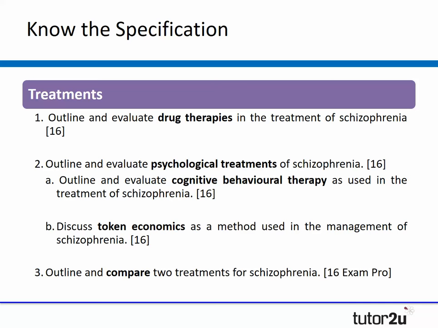So outline and evaluate cognitive behavioural therapy, or something like discuss token economies as a method used in the management of schizophrenia. So I think you'll definitely need to focus on preparing your students for a specific essay within psychological treatments.